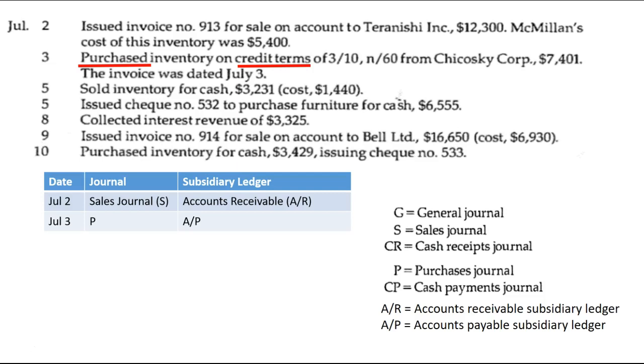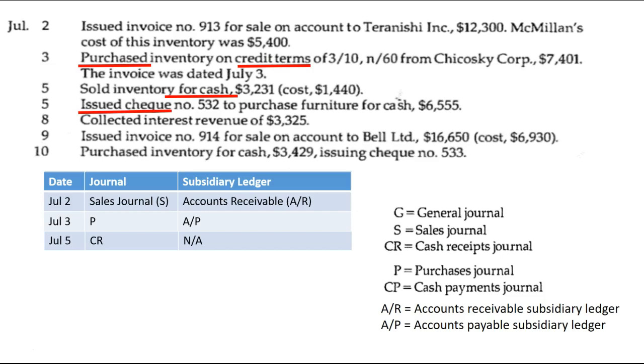We sold inventory for cash. If we're selling and it's for cash, it's going to be coming from our cash receipts journal. So it's going to be cash receipts, and there's no subsidiary ledger applicable. In this case, I've put non-applicable, just so that's clear. The next transaction on the 5th of July is they issued check number 532 to purchase equipment or furniture for cash at $6,555.